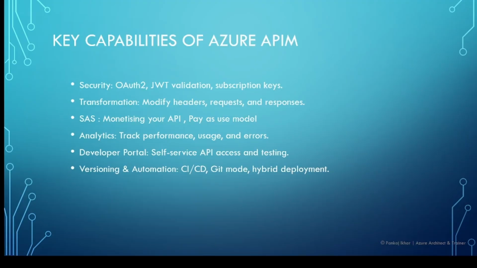Moving on, we are going to see what the capabilities are, what Azure APIM can do. Basically, security is the main aspect. Whenever you go over the internet, security becomes very crucial for your system, for your application, for your organization.